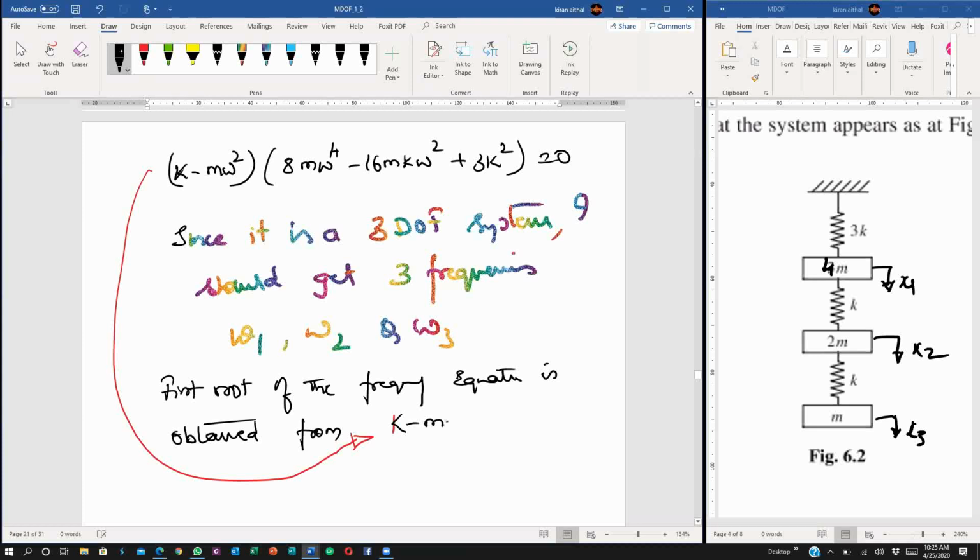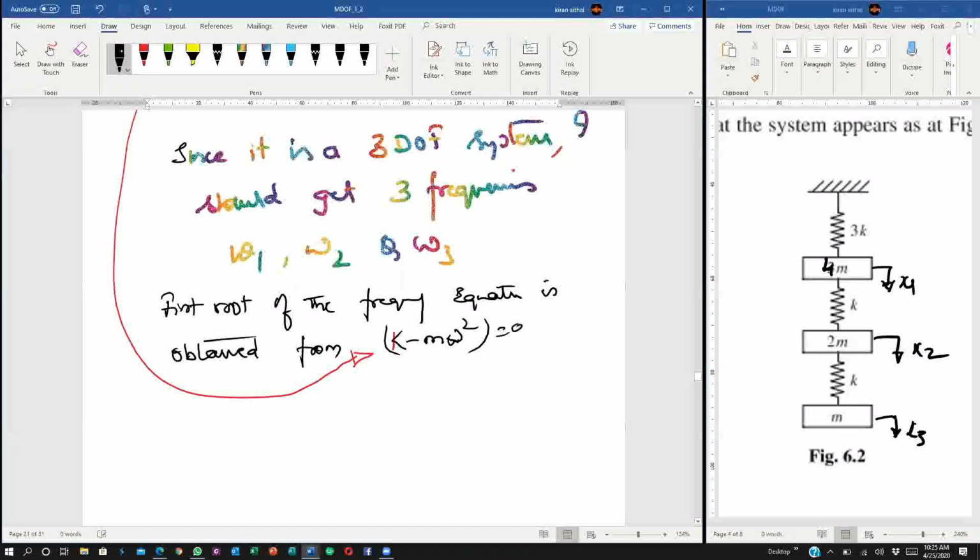K minus m omega square, correct? So automatically what happens? Equate it to 0, then omega, I'm talking about the first root, omega is equal to root k by m. Correct or not? If I solve this particular equation, it becomes root k by m.